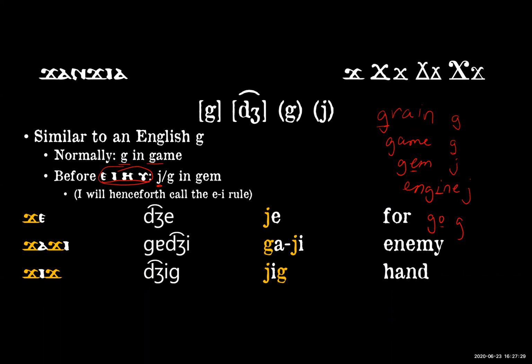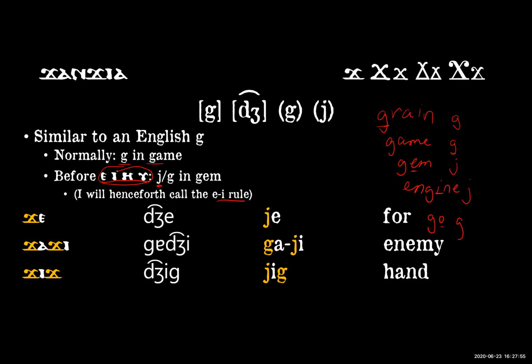This letter, however, is a Coptic only letter, so you shouldn't expect this to be affected by Greek. But these 4 letters here, that's a common pronunciation change in Greek, so I'm just going to call it the E rule or the EI rule, just for shorthand to say before an E or an I sound or these 4 letters.